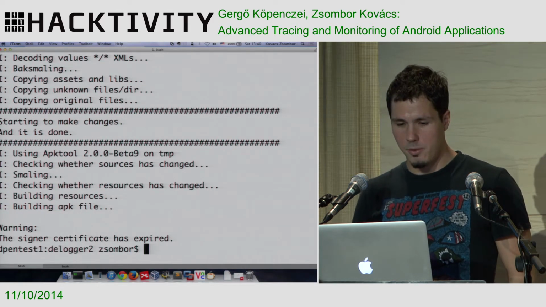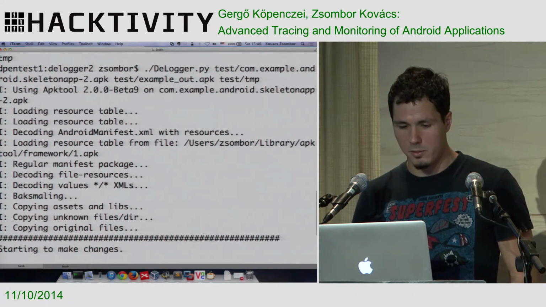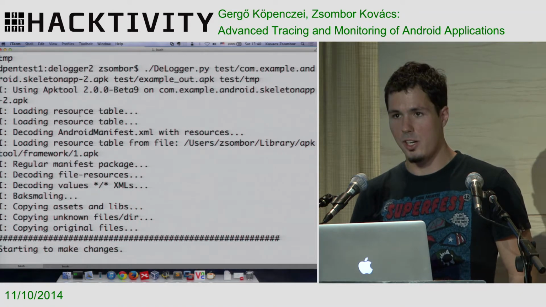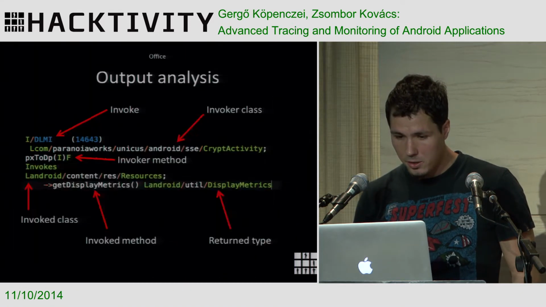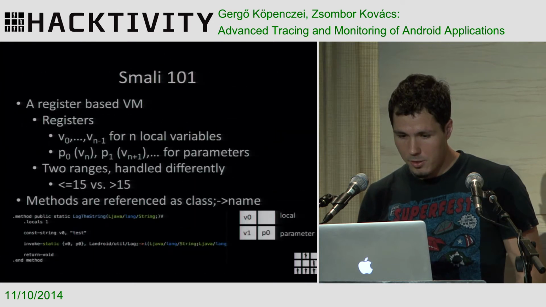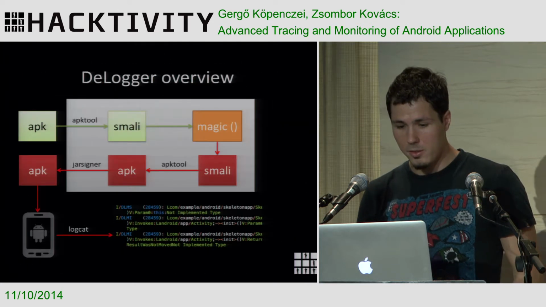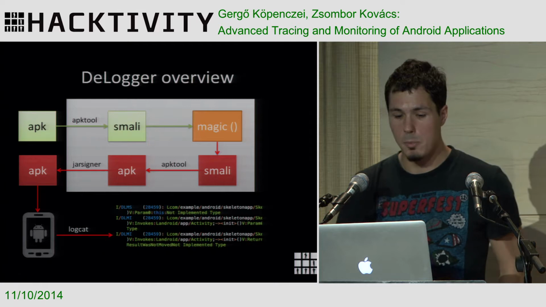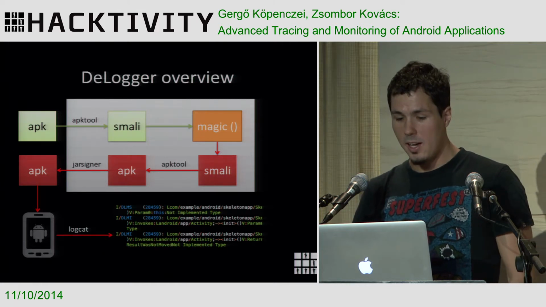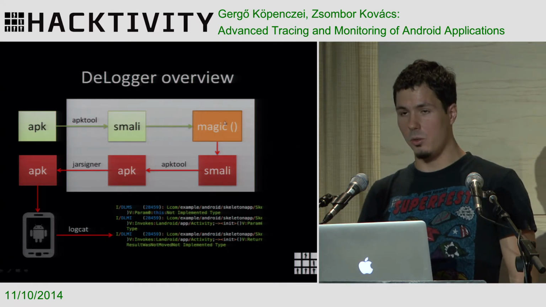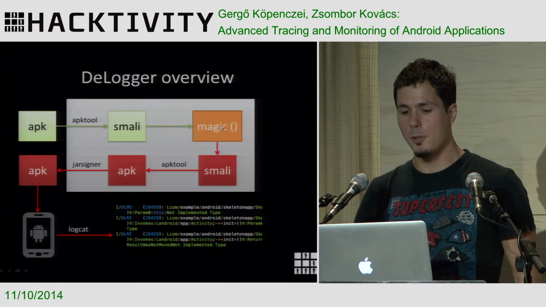If anyone is familiar with APK tool, these tools are chained together. I'll try to find that figure. Just like here, this APK tool is run first, and our tool is then chained on the output.